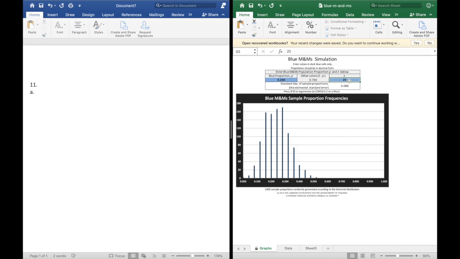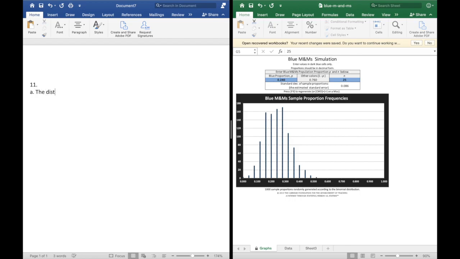Okay, so let's answer part A. It says with N equal to 25 and P equal to 0.24, describe the shape of the distribution of sample proportions. This looks to me pretty bell-shaped, doesn't it? It looks like it's bell-shaped but slightly skewed to the right. So let's write this down.